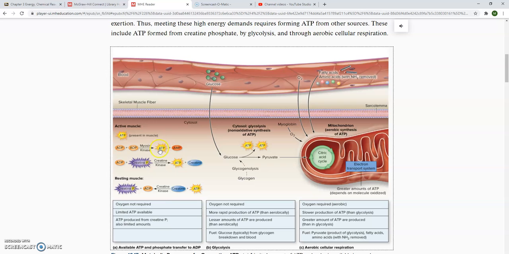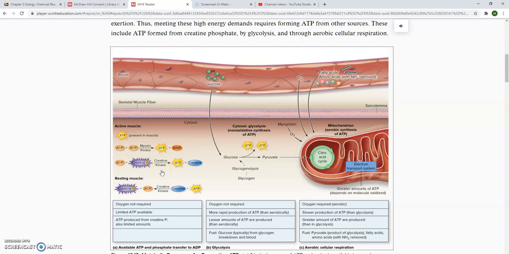And so then we'll get ATP, and then we'll have AMP as a byproduct of that reaction. So that's another source of ATP, through the action of the myokinase enzyme, and it takes two ADP molecules and makes an ATP molecule. Again, limited amounts of that. We only have so much of that enzyme in the cell, so that's not going to allow for longer than a few seconds of muscle contraction.